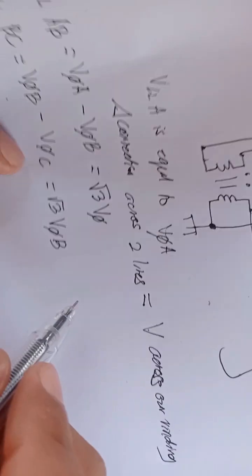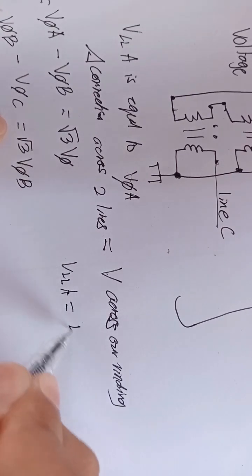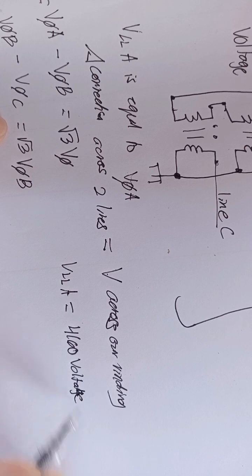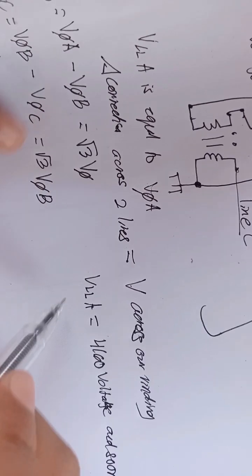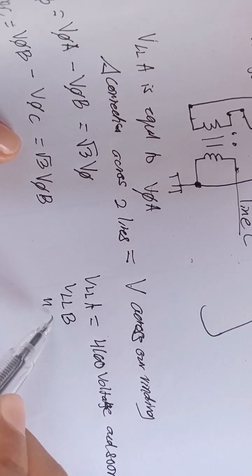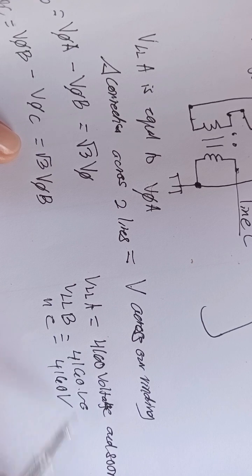So if we measure the line to line AB, it will equal 4160 volts, and likewise VLL B and VLL C are also 4160 volts.